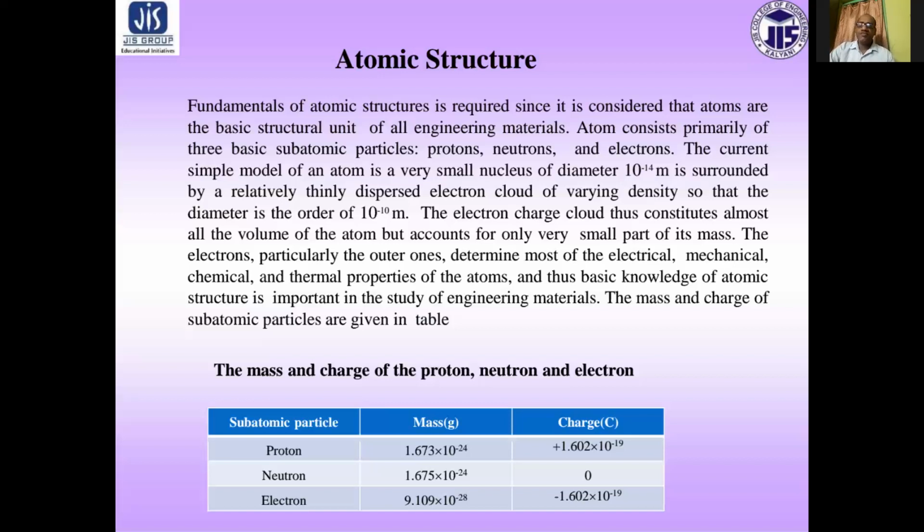As mentioned, we know that atoms are bound to each other by a number of bonds. The interatomic bonds are primarily of two kinds, that is primary bond and secondary bond.